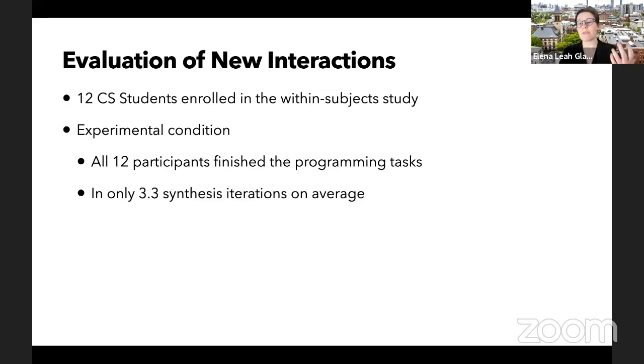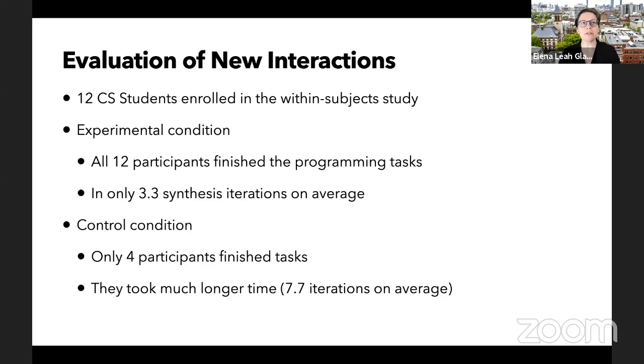These were Stack Overflow questions, reasonable regex questions that you might be able to use this interface to solve. In the experimental condition, all 12 participants finished the assigned programming task, and it only took them, on average, 3.3 synthesis iterations.